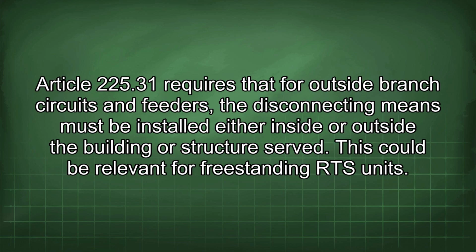Article 225.31 requires that for outside branch circuits and feeders, the disconnecting means must be installed either inside or outside a building or structure served. This could be relevant for freestanding RTS units.